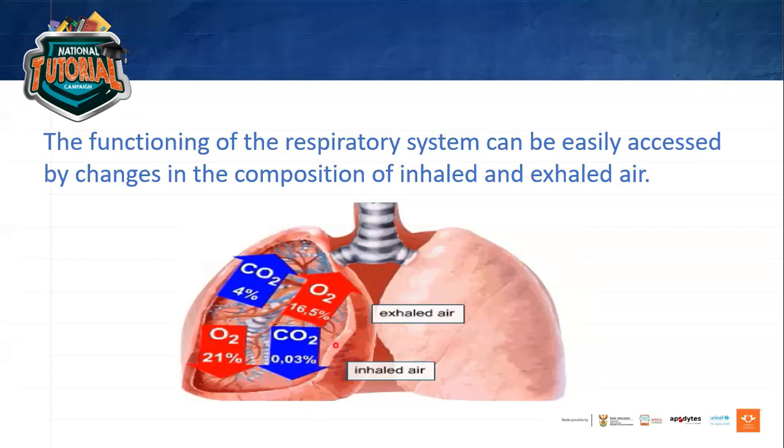And then with exhaled air, there is again some carbon dioxide that you will exhale. There is also some elements of oxygen that you will exhale. But what's important to note, as you can see, when you were breathing in and inhaling, you had more oxygen and very, very small amount of carbon dioxide.